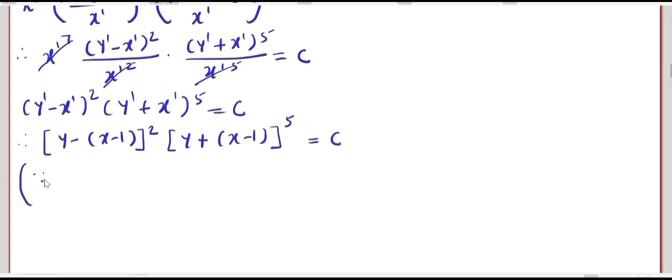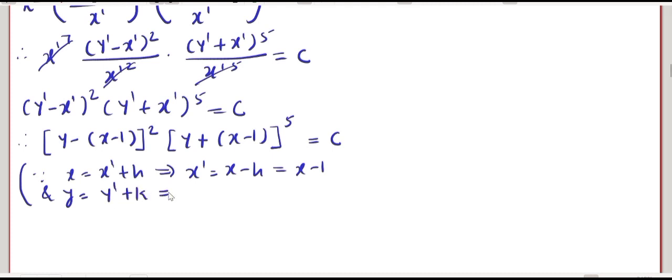Since we have substituted x is equal to x' plus h, from that we get the value of x' is x minus h, and the value of h is 1, so x minus 1. So substituting x' in place of x minus 1, and for y we substitute y' plus k, but the value of k is 0, so y equals y'.